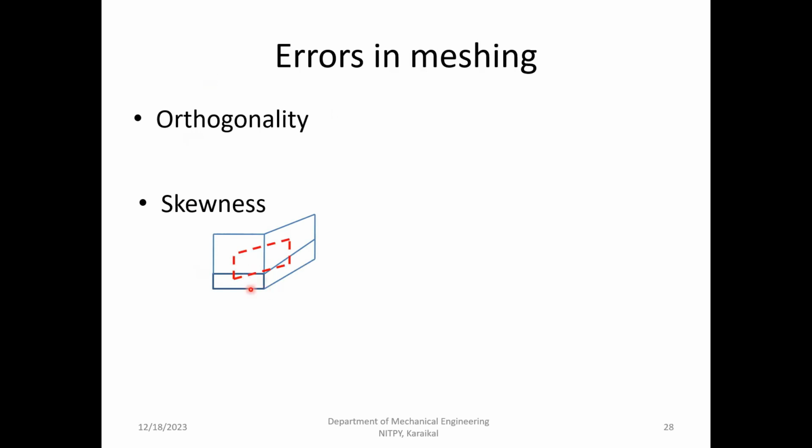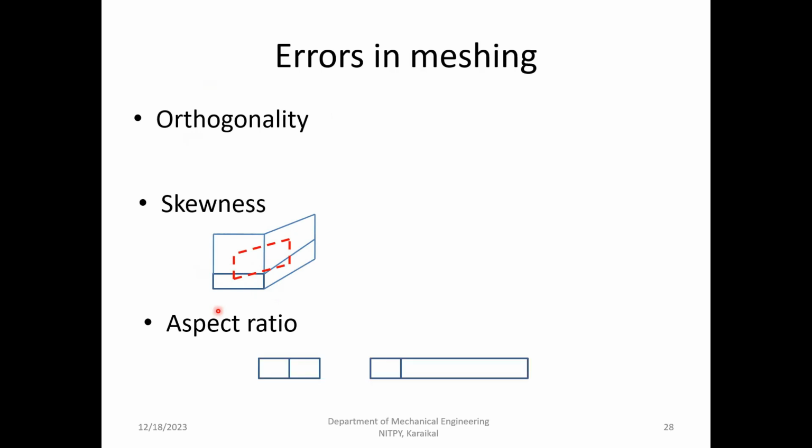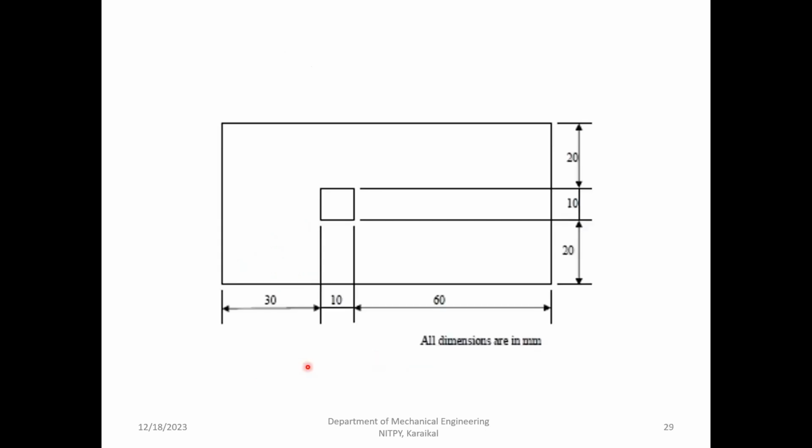So this is a skewed element. Aspect ratio is the length to breadth ratio. We cannot have cells like this for your simulations, so cells must be almost the same. Because if you have cells like this, then the delta X distance between two cell centers will be different, and then it can create some diffusion problems.